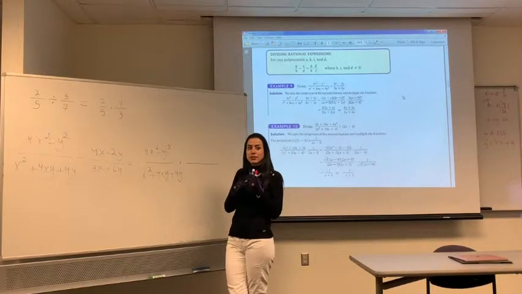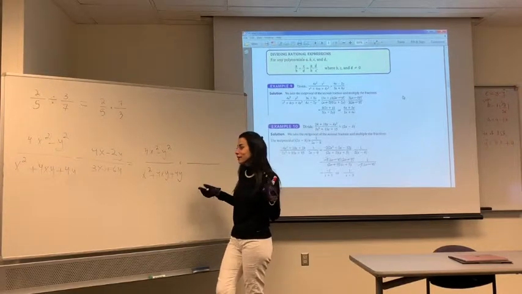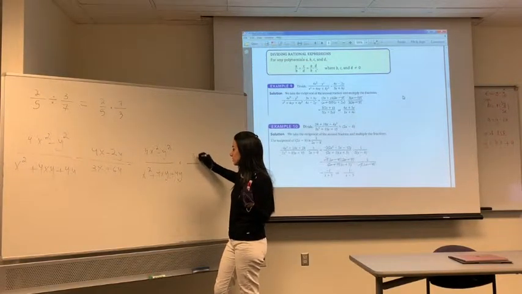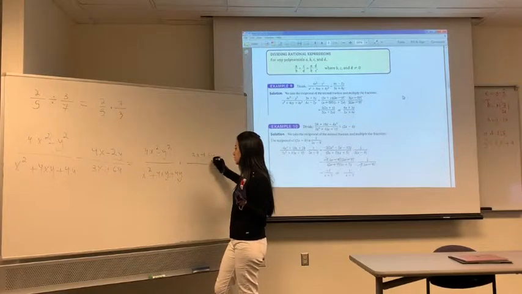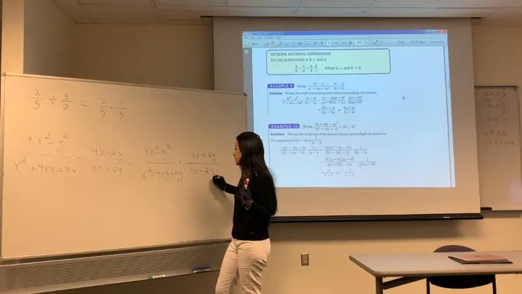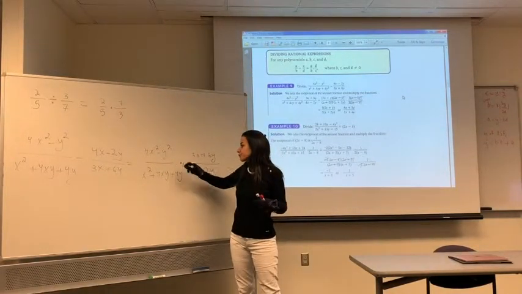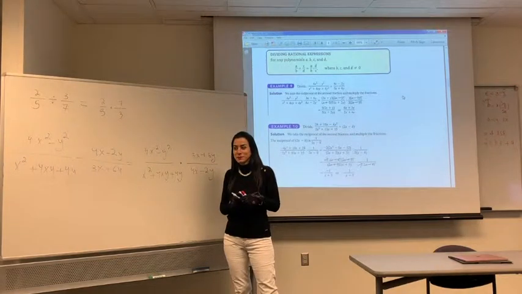The second fraction becomes reciprocal, right? So means denominator goes to the numerator, numerator comes to the denominator. Correct?